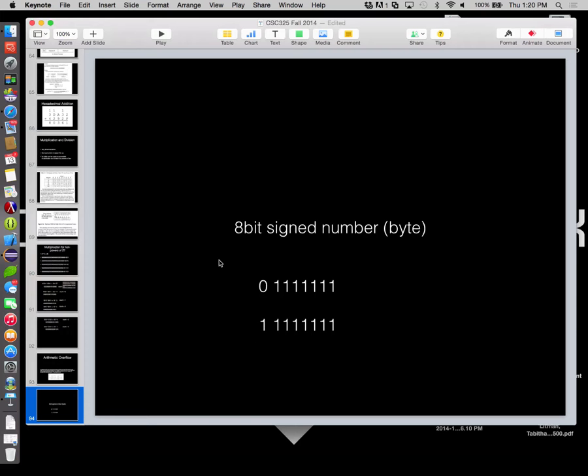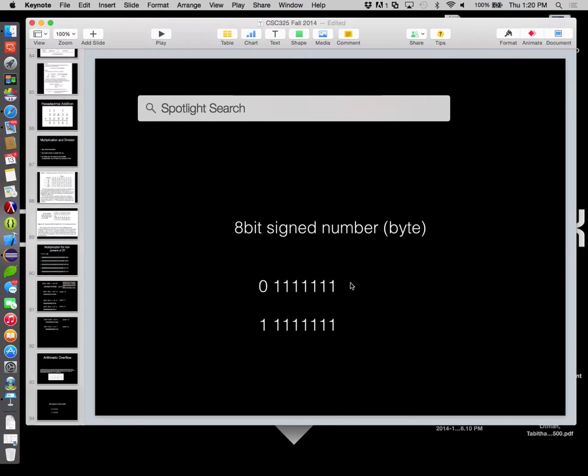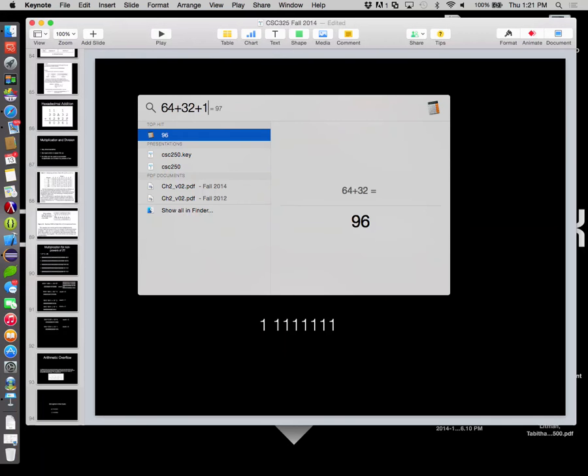Oh, we convert these to decimal. This is the 1's place, the 2's place, the 4's place, 8's, 16's, 32's, 64's. Add all those up, what do we get? 64 plus 32 plus 16 plus 8 plus 4 plus 2 plus 1.